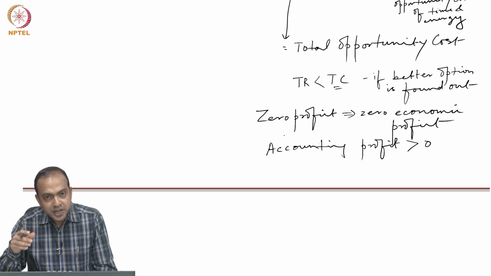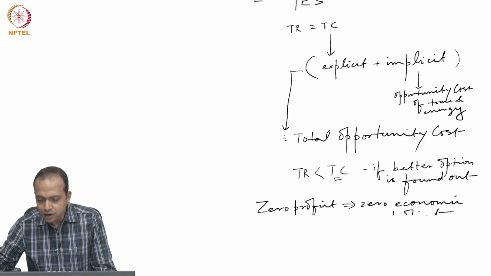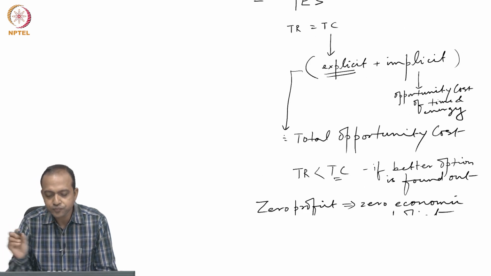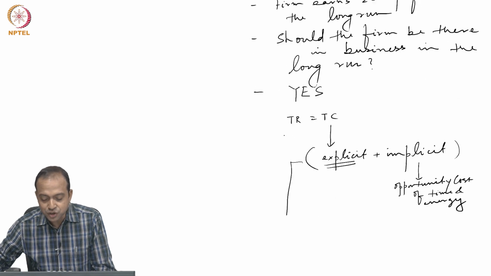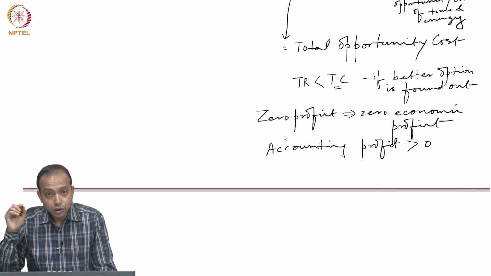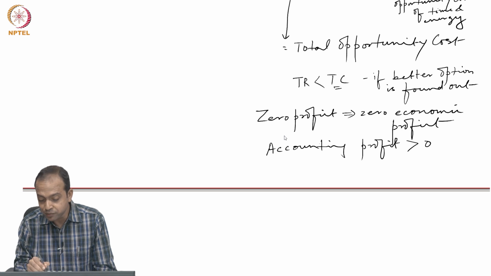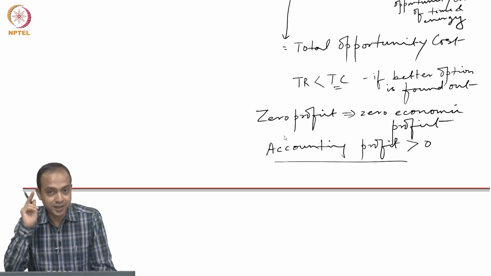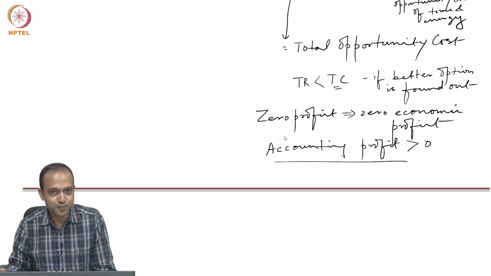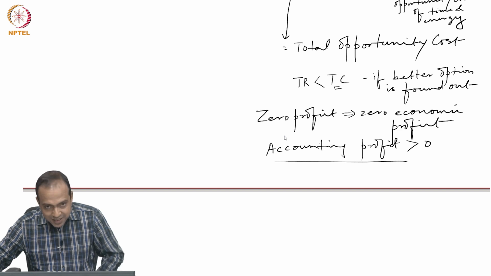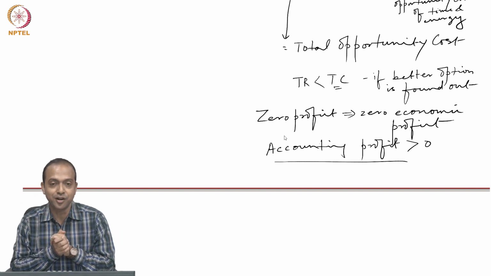Why? Because in accounting profit you will subtract only the explicit portion, no implicit cost is included. So, even when you are earning 0 economic profit, you are still earning a positive accounting profit, and that is why the firm will still be in business even in the long run, right. So, this thing we should keep in our mind.